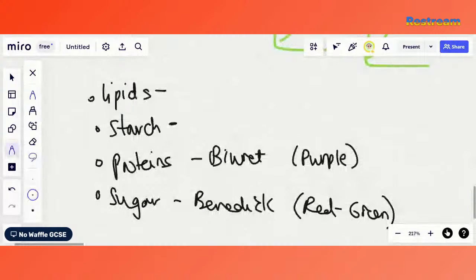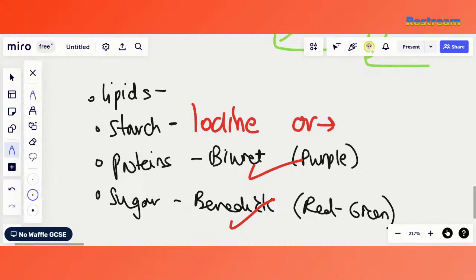Yes, that's correct. So Benedict's is used for sugars and it turns brick red to green, a variation of different colours. Biuret solution is used for proteins and it turns purple. Iodine is used for starch. If it turns from orange to blue-black, then there is starch present. However, if it remains orange, there's no starch.